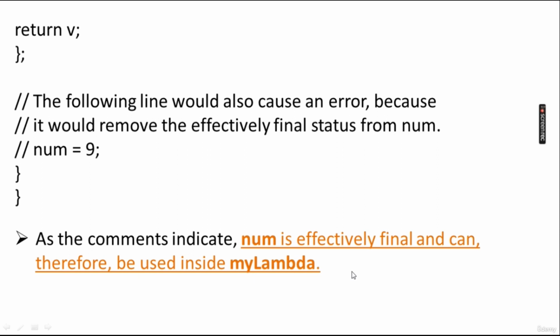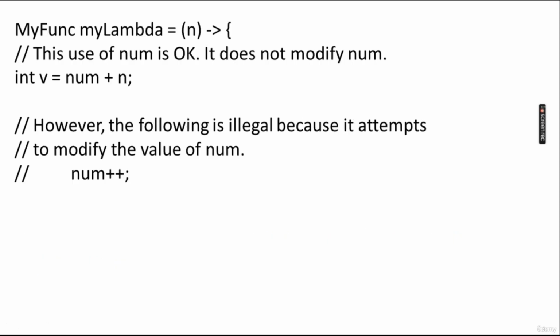So local variables used inside the enclosing scope are variable captures. If you want to capture a local variable from the enclosing scope, what do we mean by enclosing scope?